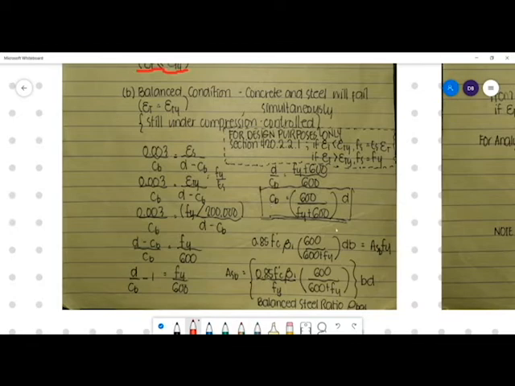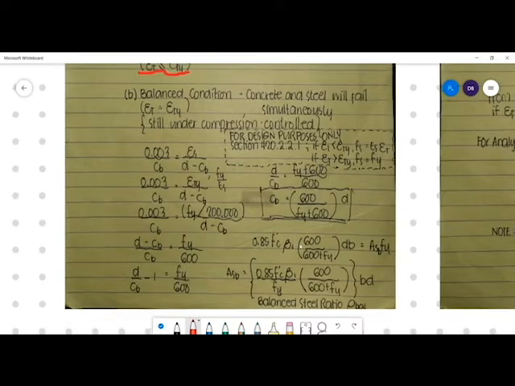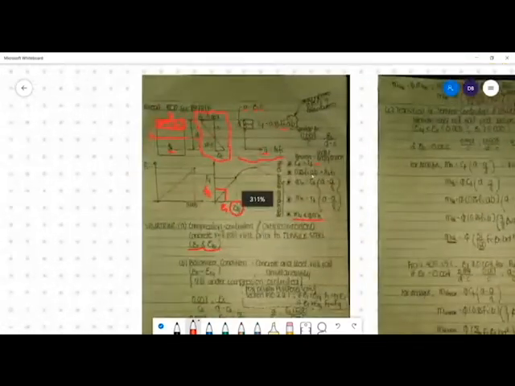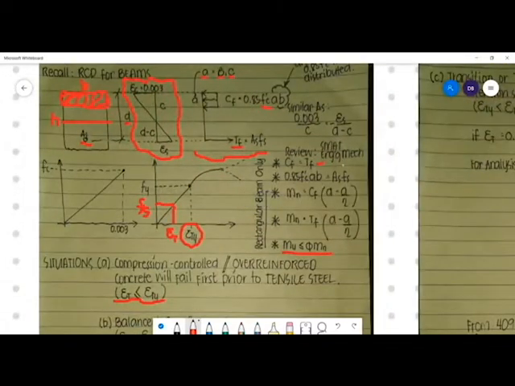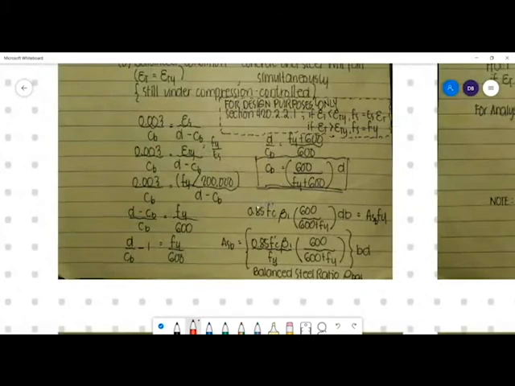If we use the original formula, C sub F, yung na-derive nating formula kanina, C sub F is equal to T sub F. So 0.85 F prime c beta 1 times 600 over 600 plus Fy, times d b. So this is 0.85 F prime c a b. Ang a natin is equal to beta 1 multiplied by c.